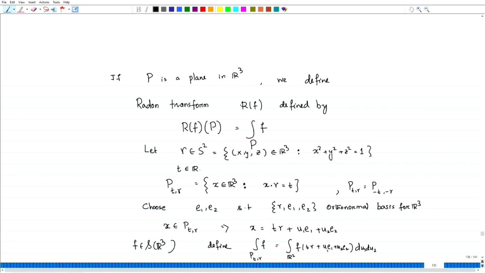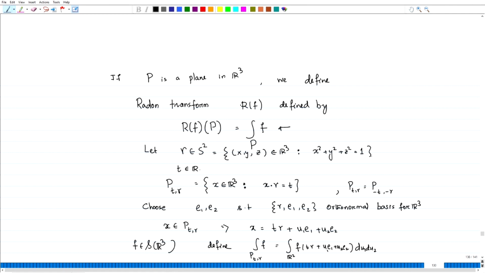That is basically the Riemann integration defined on R^2 with each fixed t and gamma. So this is what we mean by the integration over the plane of a function on R^3.